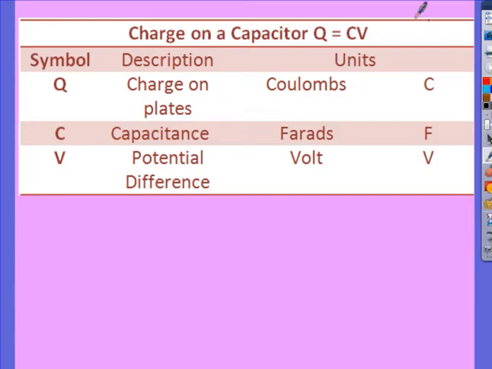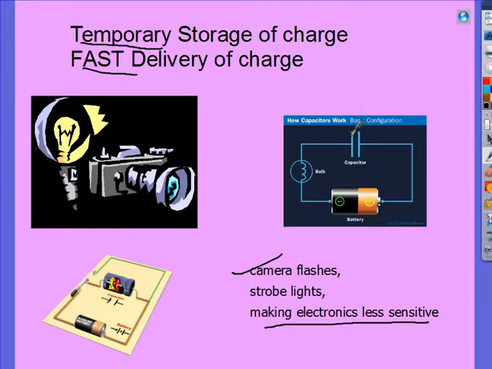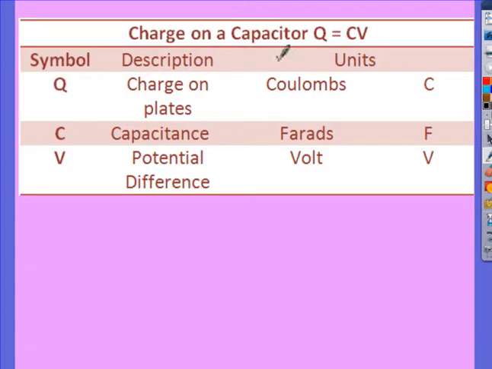Now, the general formula for a parallel plate capacitor: we'll have some charge on our capacitor, and some voltage that's equal to the battery voltage. So the charge on any given capacitor is equal to CV, where C is the capacitance. We measure capacitance in farads.